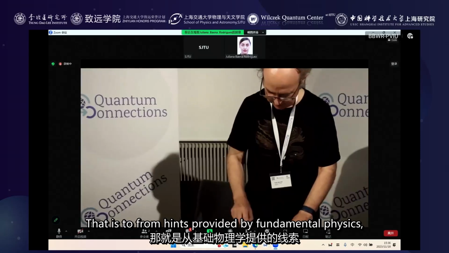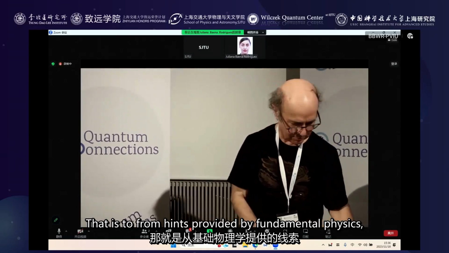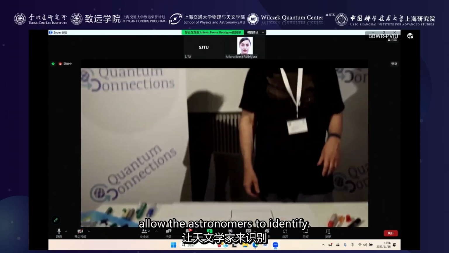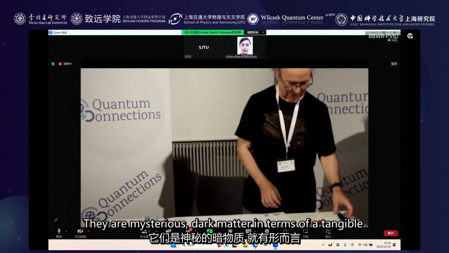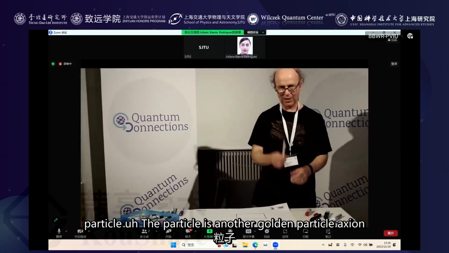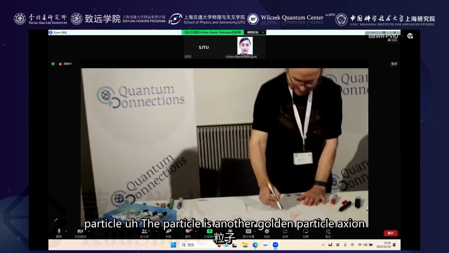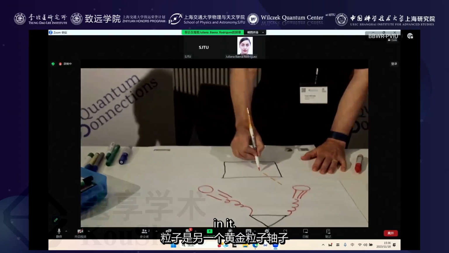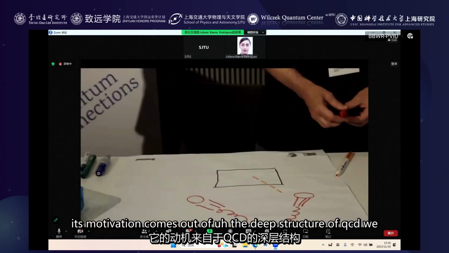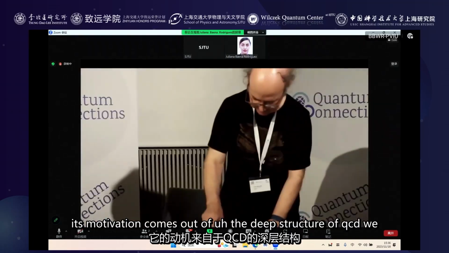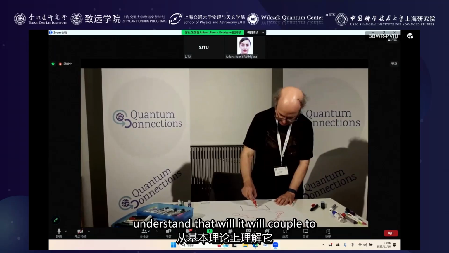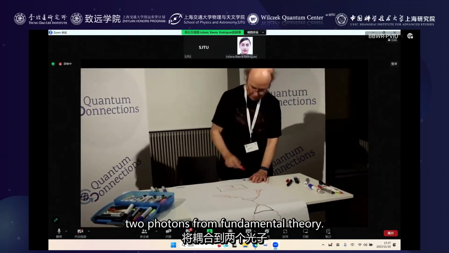That is to, from hints provided by fundamental physics, allow the astronomers to identify their mysterious dark matter in terms of a tangible particle. The particle is another golden particle called the axion. And according to fundamental theory, its motivation comes out of the deep structure of QCD. We understand that it will couple to two photons.